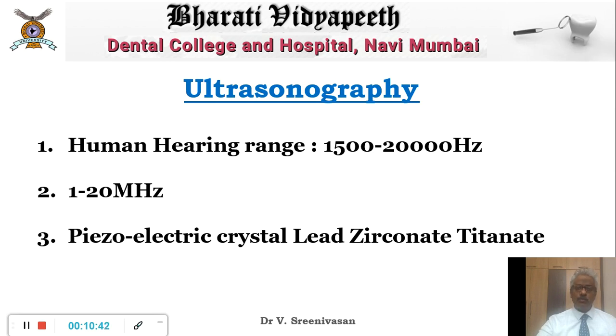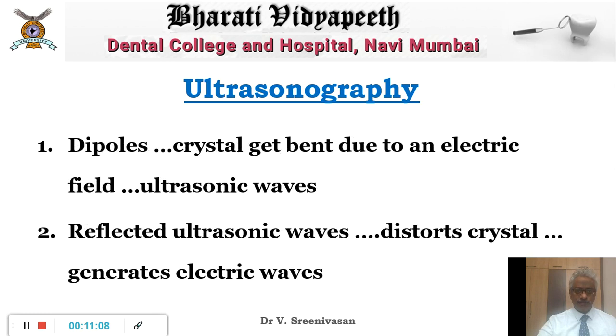So 1 to 5 megahertz was initially used, and now most modern ultrasonographic machines use a wide range of frequencies. Usually these machines have the entire range from 1 to 18, and depending on what they need, they adjust their frequency so that they can get the kind of image that they wish to understand and study.